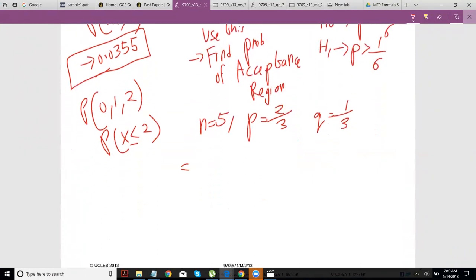So your answer would be 5C0, 2 upon 3 to the power 0, 1 upon 3 to the power 5 minus 0, which is 5.